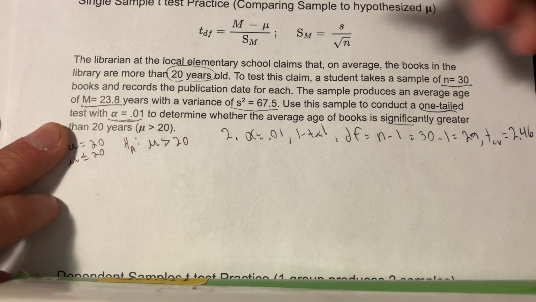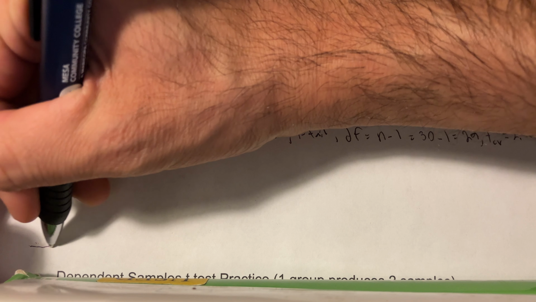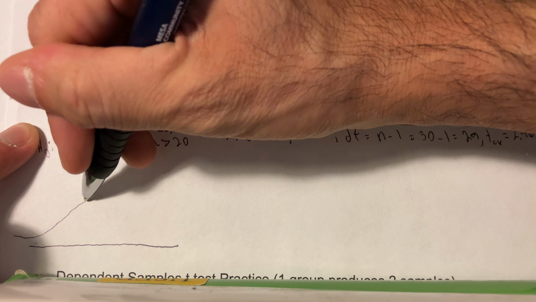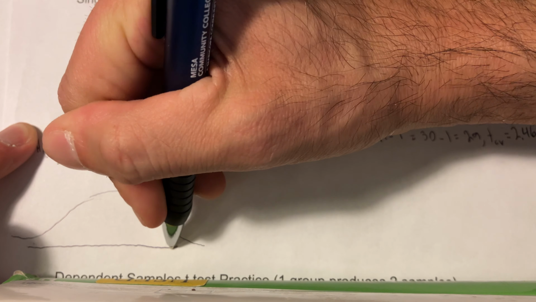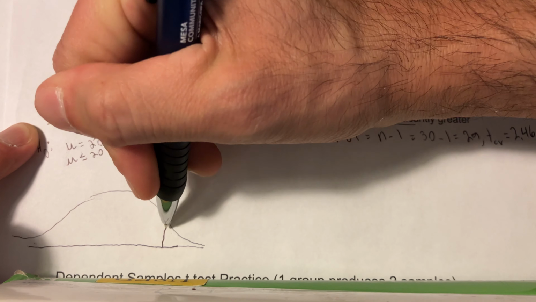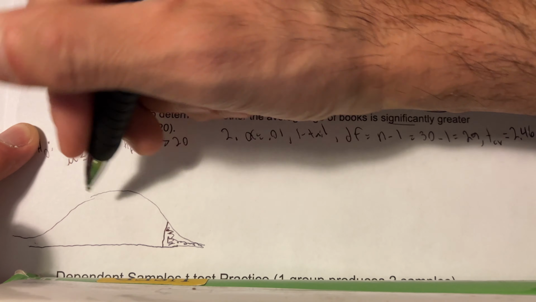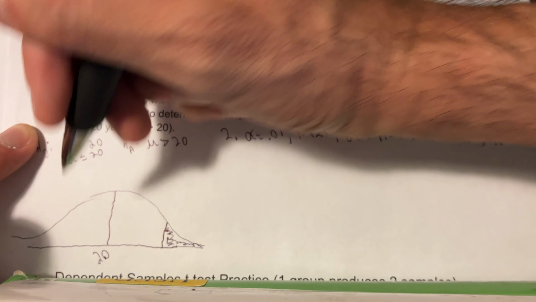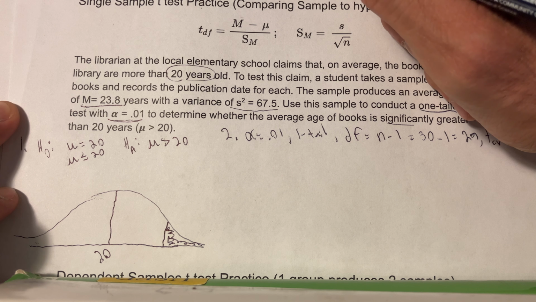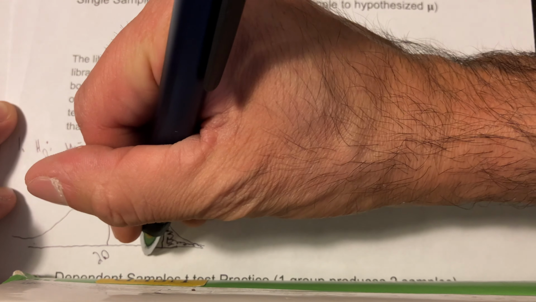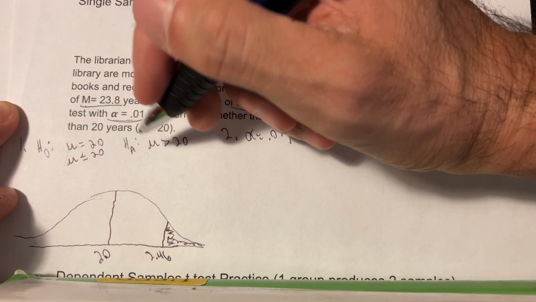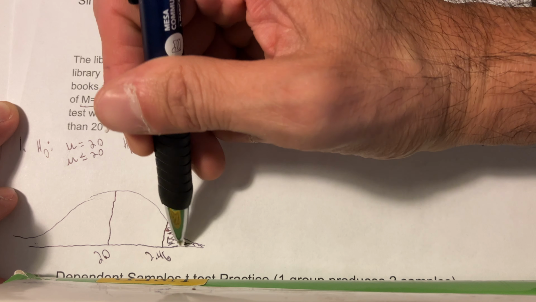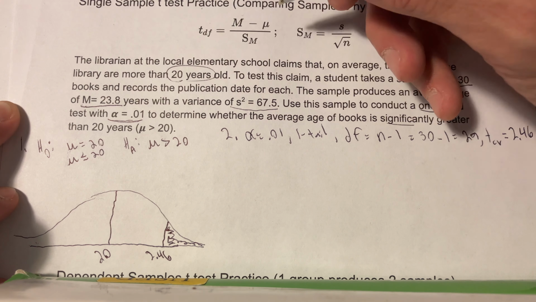So now we can actually do the sketch. That's a right tail test because we want to see if the value is greater than 20. Our t critical value was 2.46, meaning that when we get a t obtained, it's got to be to the right of this 2.46, so it's got to be bigger than 2.46.